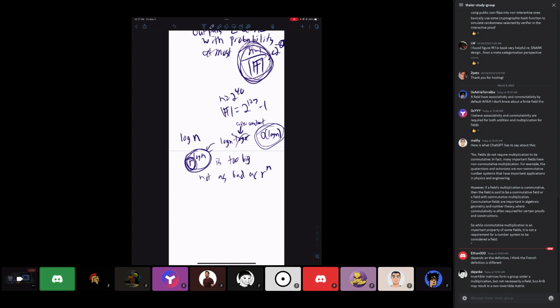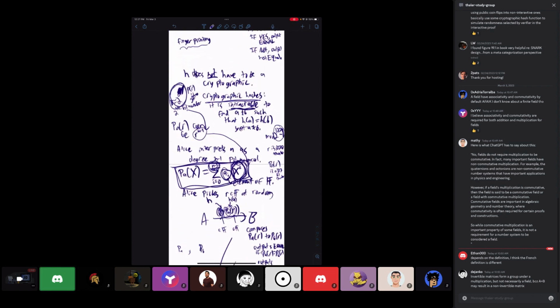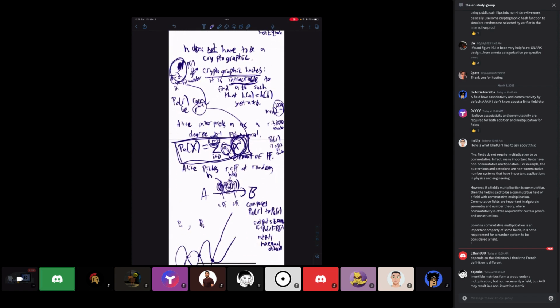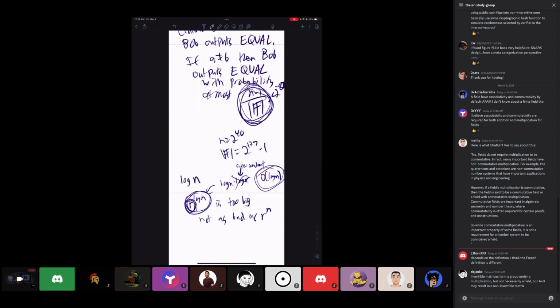And by the way, there's an exercise in the book that asks you to give a variant of this protocol where Alice and Bob interpret their vectors not as univariate polynomials, but as multivariate ones. And you actually see that the failure probability does get better, so you could work over a smaller field as a result.